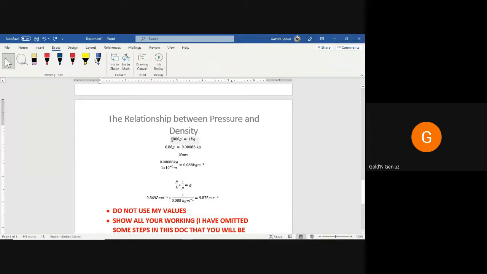Now there is some housekeeping that I needed to do. I needed to change my gram per centimeter cube to kilogram per meter cube.